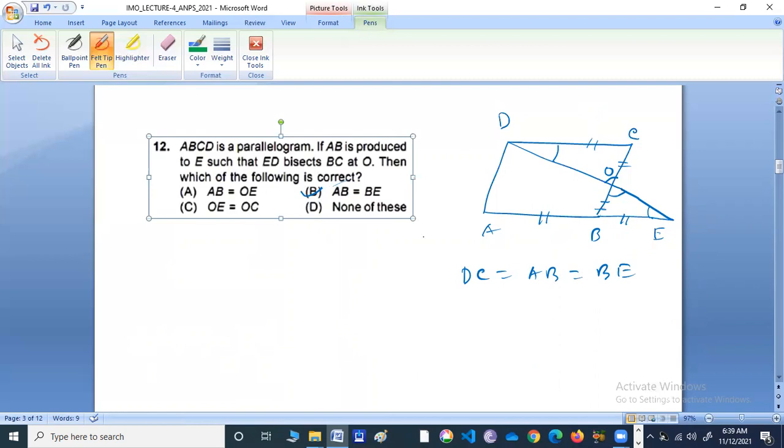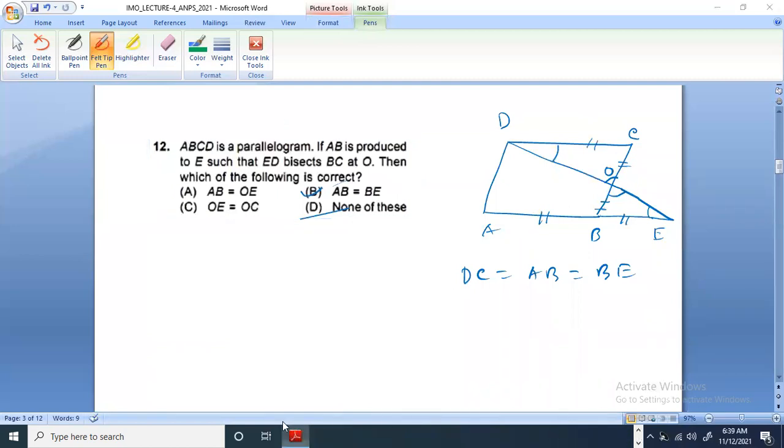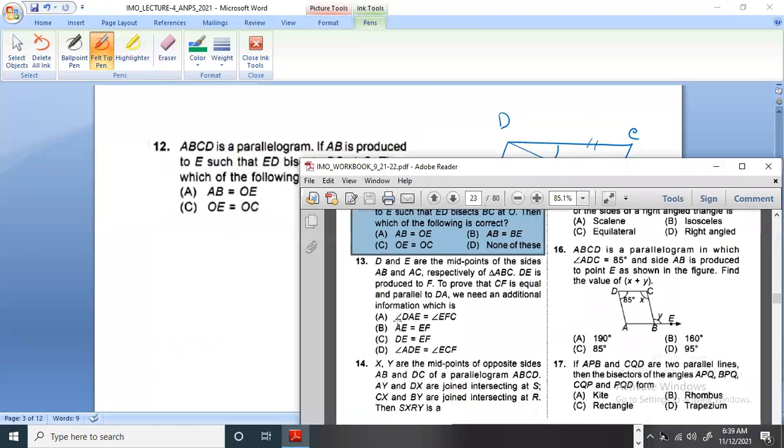Let's do the next one. Question number 13. Okay, question number 13 looks promising.